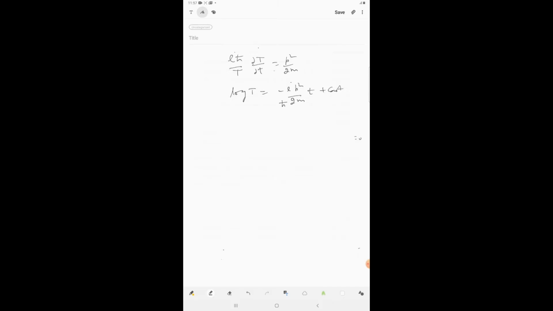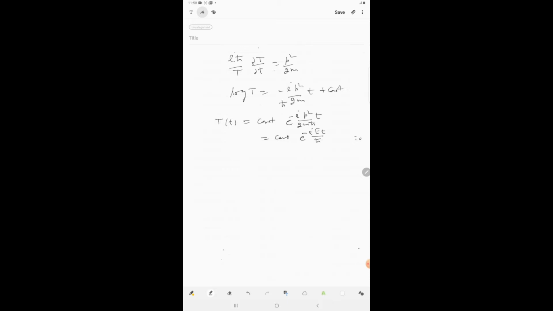So this T part of the solution is T, which is some constant times e to the power minus i p² by 2m ħ t, or we can just write constant times e to the power minus iEt upon ħ, where E is the energy of the particle.